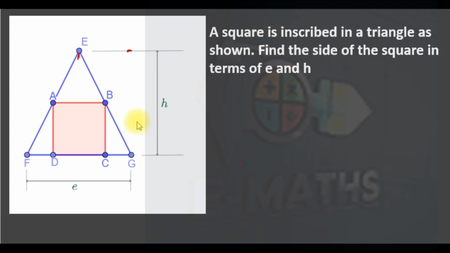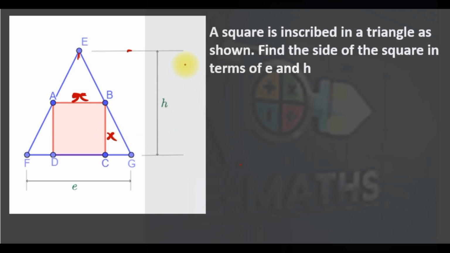It's the same thing as the former diagram, we just use letters to represent the sides. So we're going to use similar triangles. Let's get the height of this small triangle, because this is a square. Let's call the side of the square x. So here is x, here is also x.